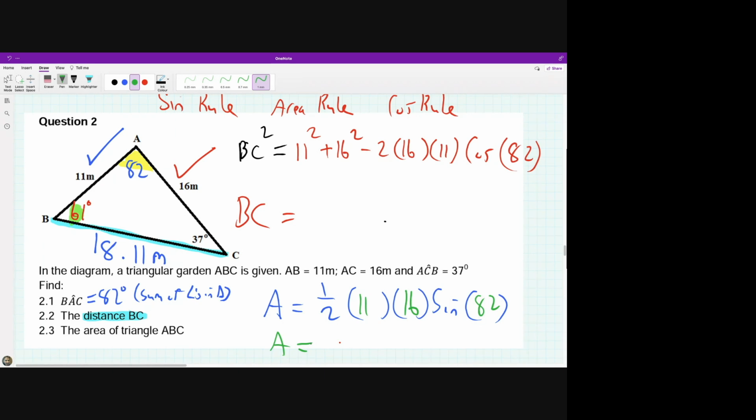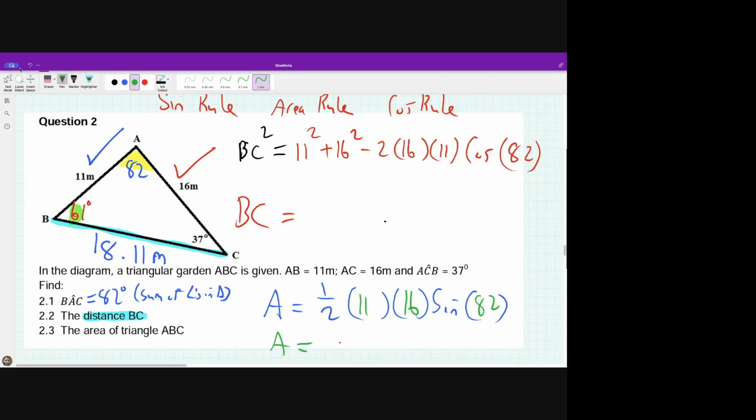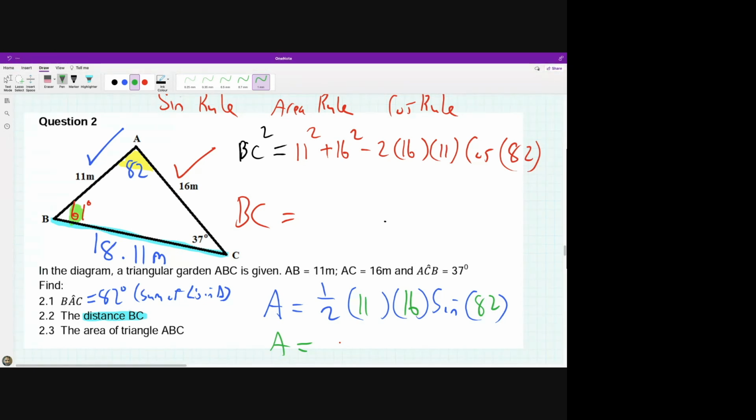So I'm going to make this the last question of the day. So let's go out with a bang. What are you getting for this question? So let's have a look.